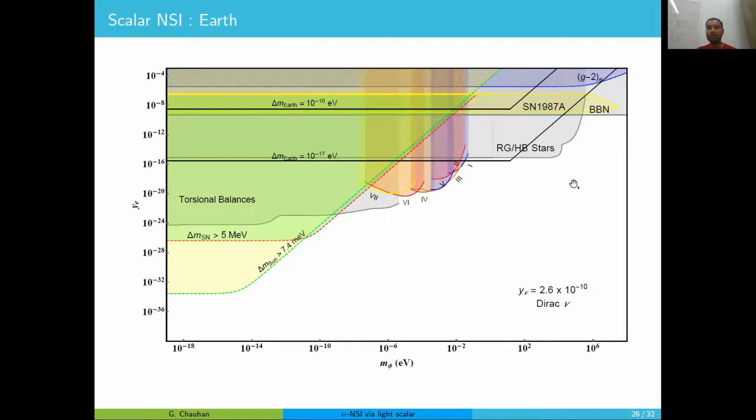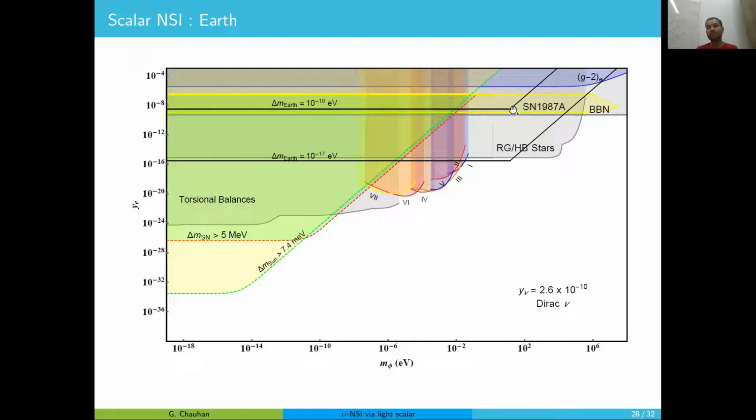For the case of Earth, I forgot to mention that it will not be measurable by any future experiments, because you can see that the effect of this delta M Earth, if allowed by current constraints, is around 10 to the power minus 17 eV. So this difference in the neutrino masses is not measurable by any chance, and even this part is around 10 to the power minus 10 eV.